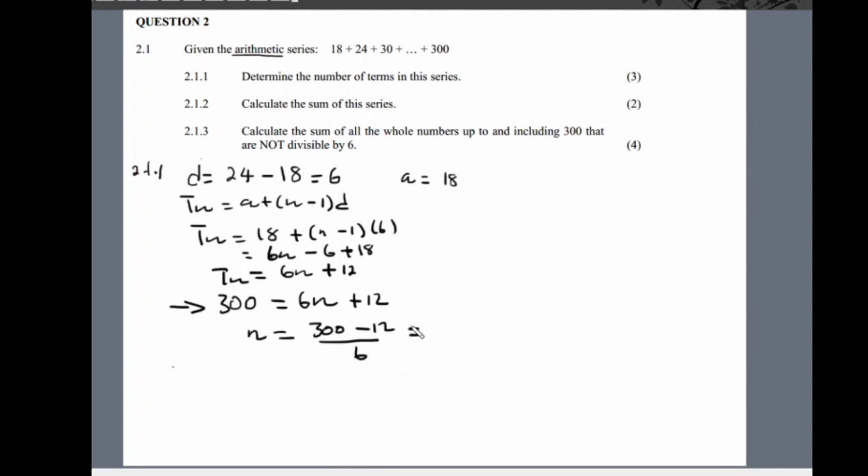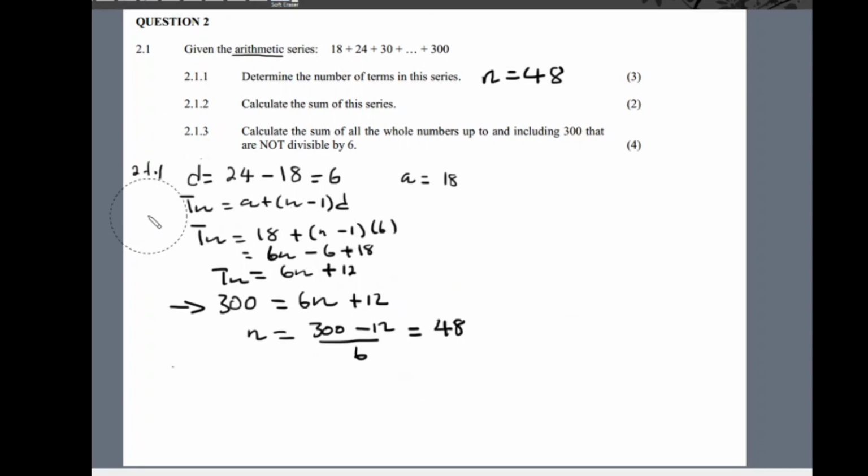Let's press our calculator: 300 minus 12, all divided by 6, so n is equal to 48. So in 2.1.1 we have n equal to 48. This series has 48 terms, right?